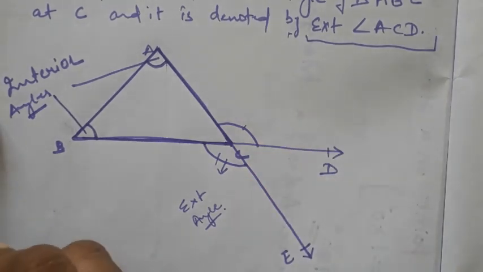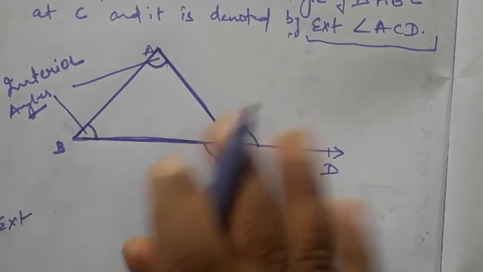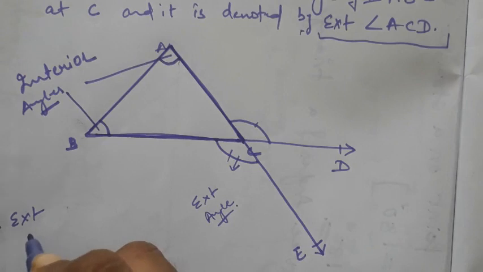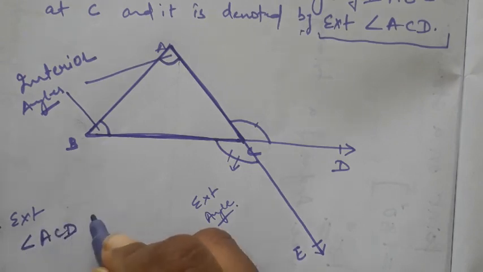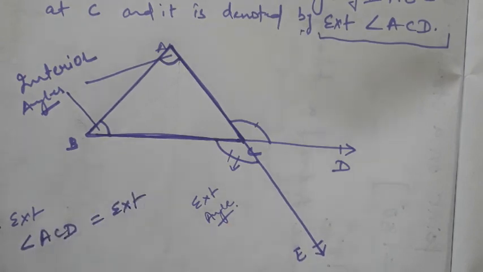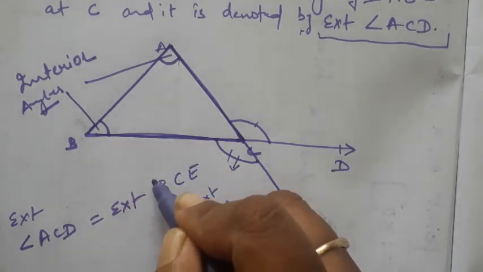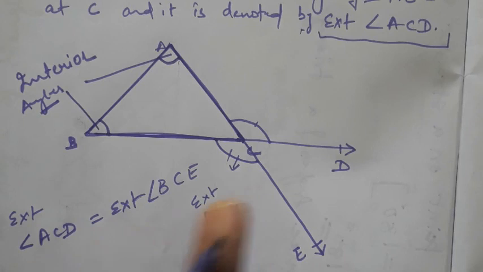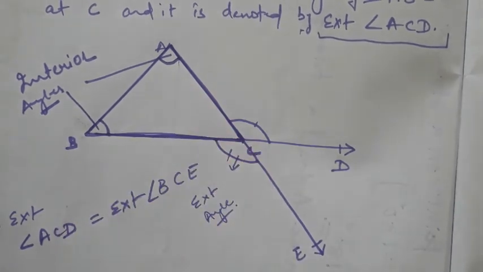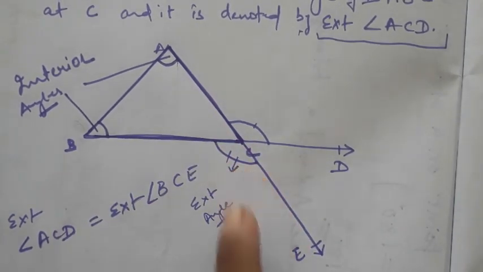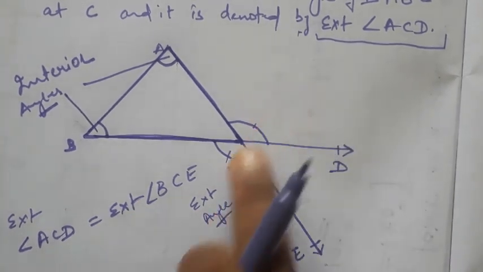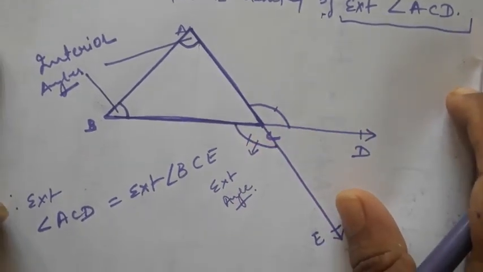So I can say that exterior angle ACD will be equal to exterior angle BCE, because both are making the exterior angle at the same point. That's why this exterior angle will be equal to this exterior angle.